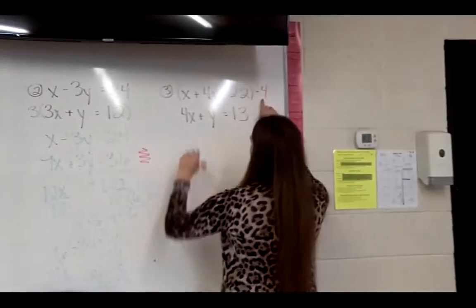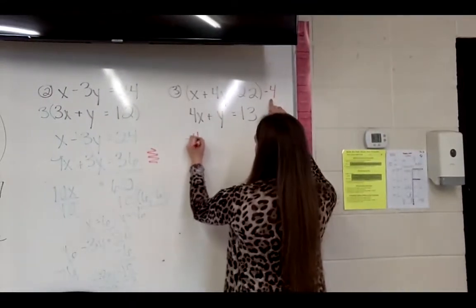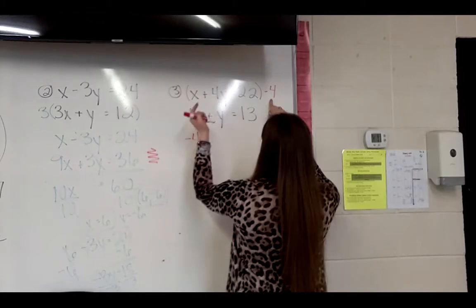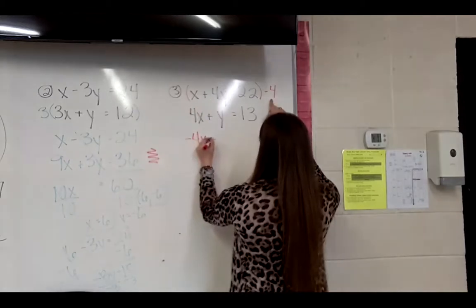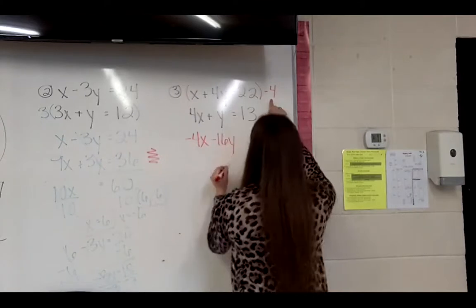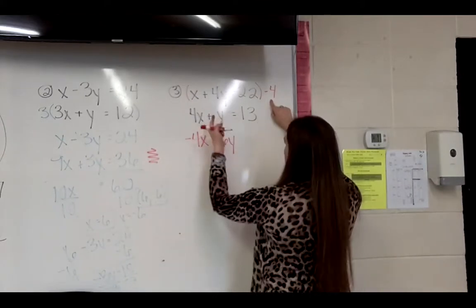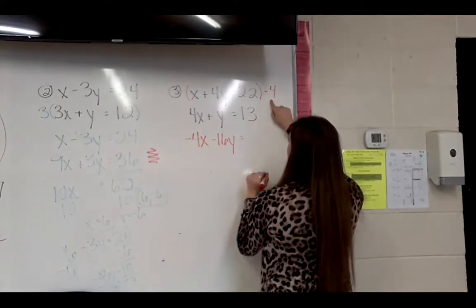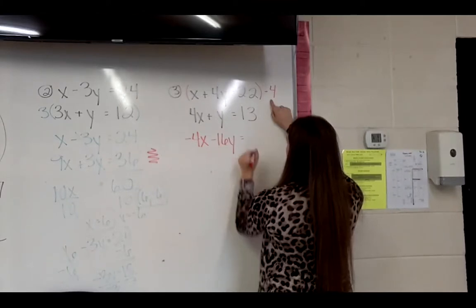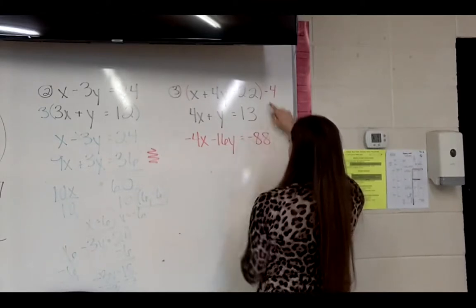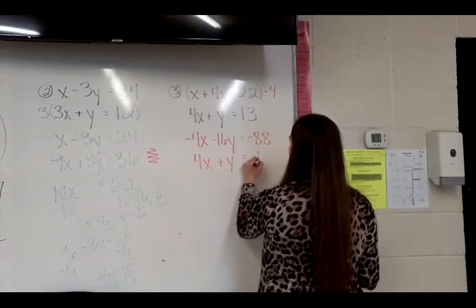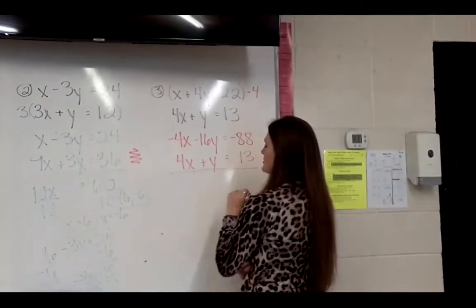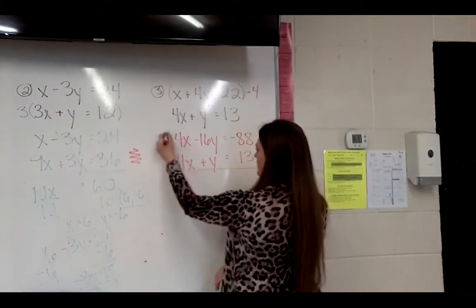So I have negative 4 times x, which is negative 4x. 4 times negative 4 is negative 16, or excuse me, 4 times positive 4. 22 times 4, let's see, is negative 88. And then I rewrite my second one. Might have to grab my calculator on this one. Negative 4x plus 4x cancels.